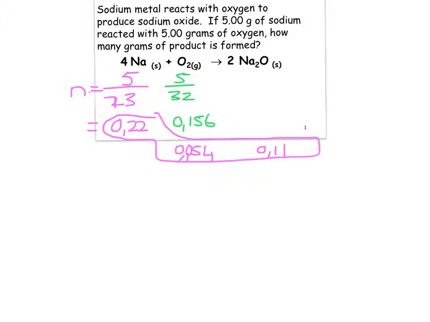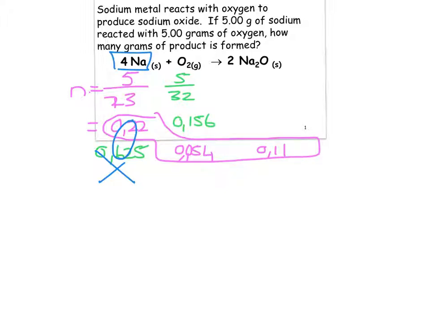Let's just double check the alternative. 1 is to 4 as 0.156 is to, multiply by 4, 0.625. Well, 0.625 is quite clearly bigger than 0.22, so that is not possible, which means that I will run out of sodium first.